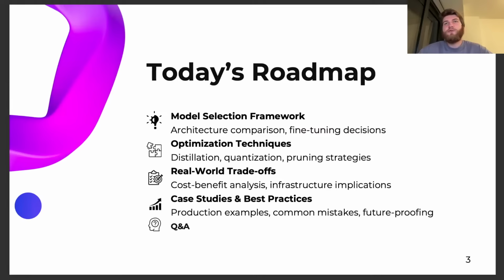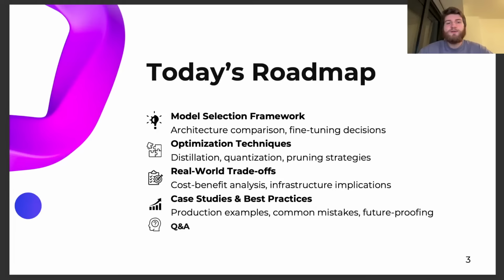So here's our roadmap for today. First, we'll build a model selection framework, how to systematically compare mBERT, XLMR, and other architectures. When should you fine-tune versus use an off-the-shelf ready model? What evaluation criteria matter beyond accuracy? Then we'll dive into optimization techniques like distillation, quantization, pruning, and language-specific approaches.